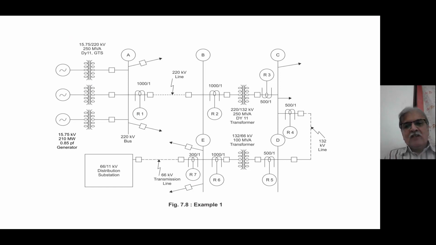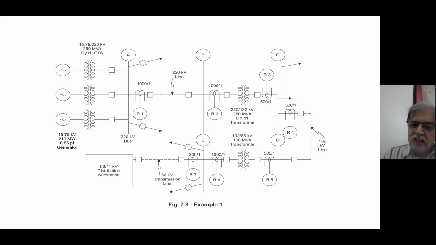Therefore, the plug setting of R6 is going to be 1.3 divided by 1.05 times that of R7. That 1.3 by 1.05 factor will come when I'm talking about two coordinating relays. When I think of plug setting, I have to keep two things in mind: first, the normal rated current; second, that 1.3 divided by 1.05 factor.